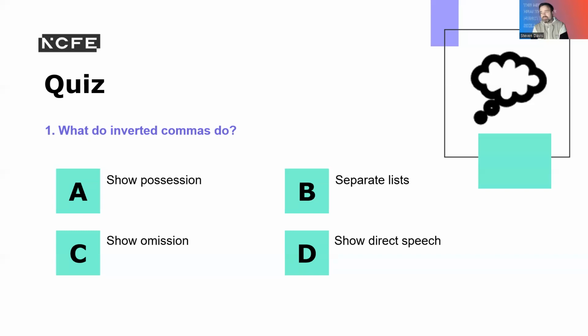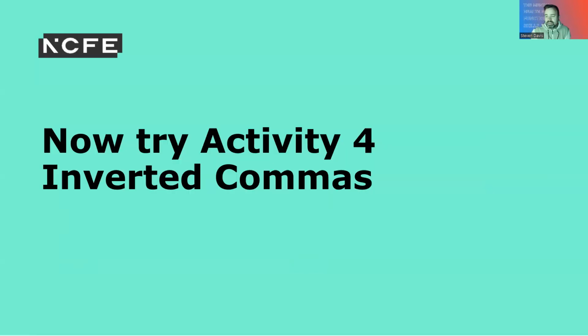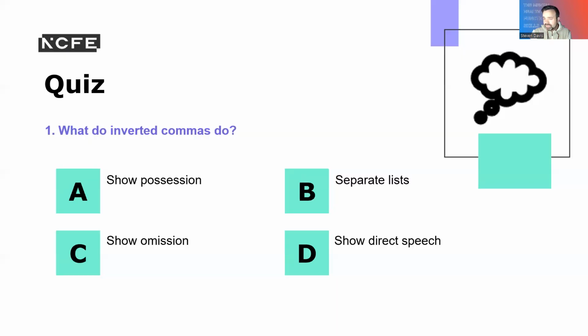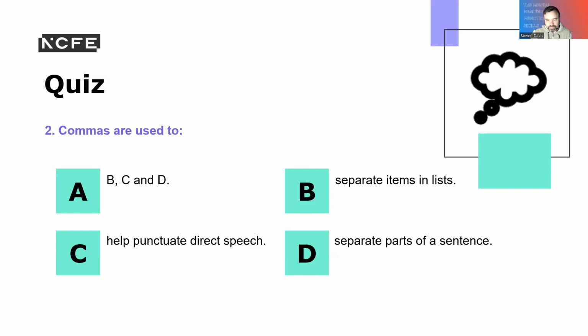Okay, so we're soaring towards the end. Let's look at the summary here. What do inverted commas do? Hopefully you've shown that they show direct speech, don't they? Commas are used for, well, they separate items in a list, don't they?